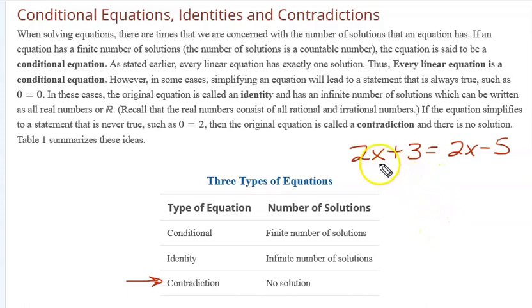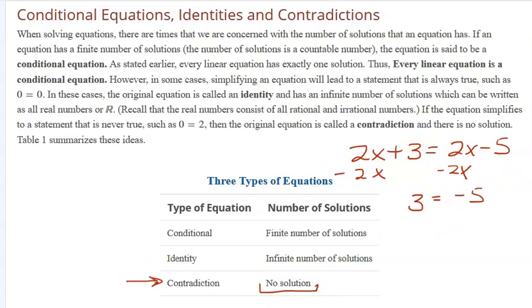Okay, now notice if we subtracted 2x from both sides, we'd end up with 3 equals a negative 5. Now, is that a true statement? No. So, no matter what value you put for x here, this is never going to be a true statement. That's why in a contradiction, there are no solutions.